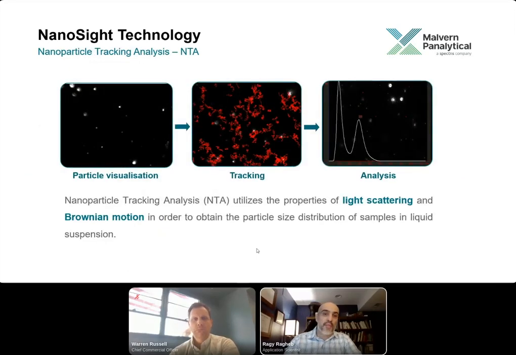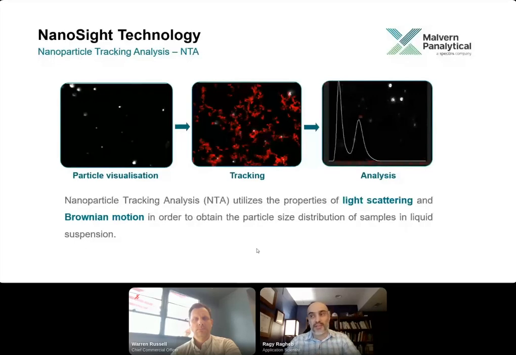The premise behind NanoSight is that we record a video of the particles moving around in Brownian motion. When we're talking about the particles moving, we're actually looking at the light scattered off those particles moving in Brownian motion. So we'll record a video and then process that video. You can see here in the second panel the random walk of the Brownian motion of each individual particle being analyzed.